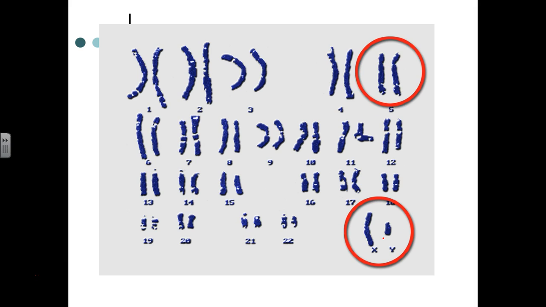But the XY is unique because in males the Y is shorter, and therefore there's a section in here that's missing some of the genes that are on the X chromosome, and that's bad news sometimes for males, depending on the condition, because recessive alleles will not be able to hide, like, for example, in color blindness and hemophilia.